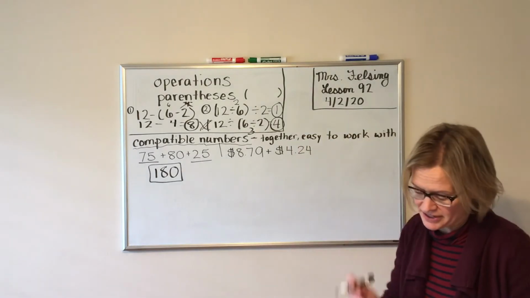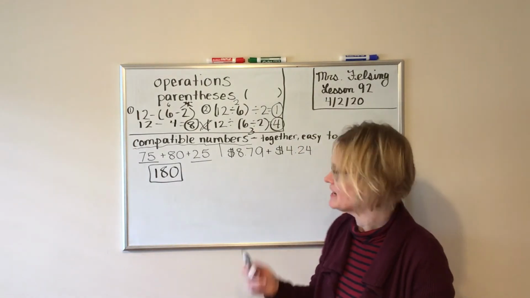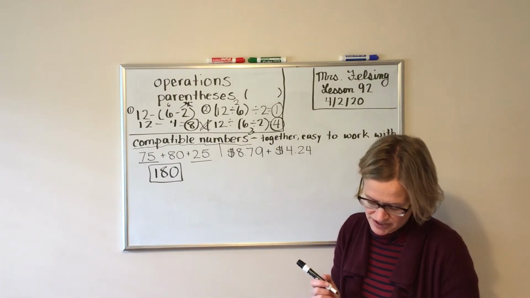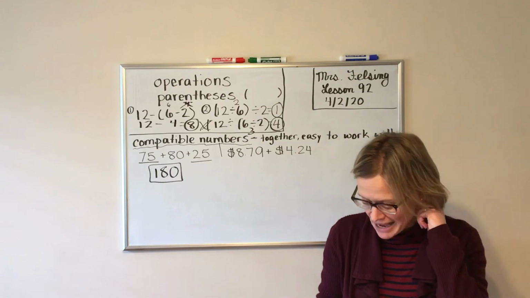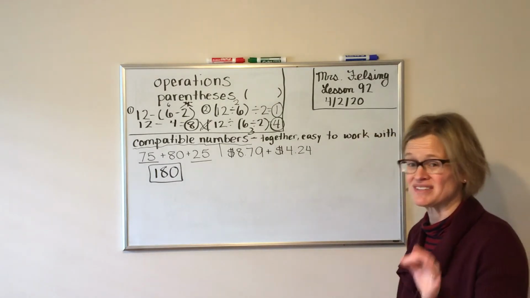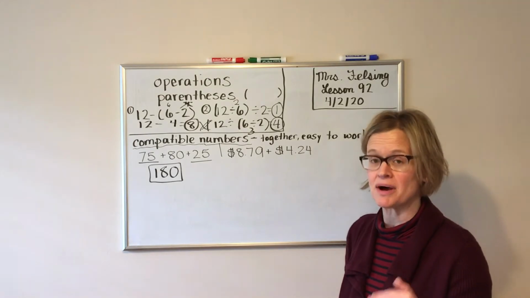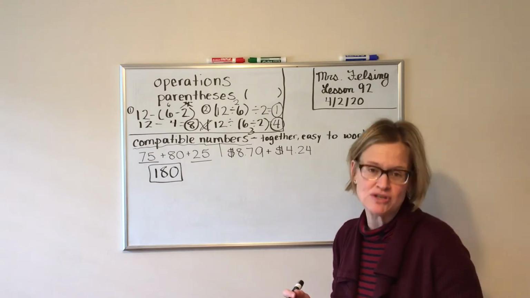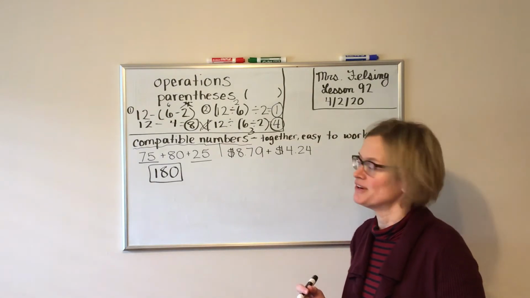So then let's take a look at our next one. Jasmine has $8.79. She spent $4.24 at lunch. About how much money does Jasmine have left? Now remember, it's that key word, about. About means you're providing an estimate, and we want to use compatible numbers to help us figure this out.